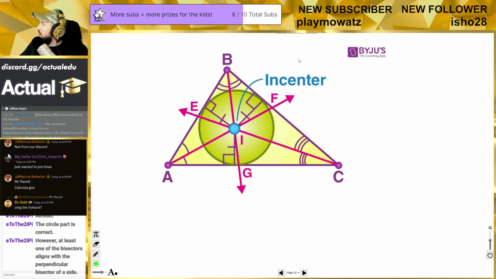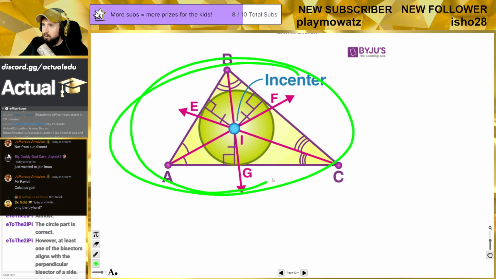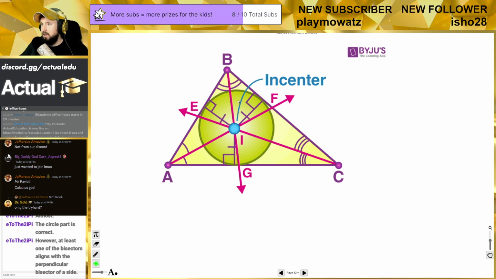However, at least one of the bisectors aligns with the perpendicular bisector of the side. Does it? It doesn't look like it does here. Oh, the perpendicular bisector. Well, perpendicular bisector would be this, right? Is that what we're saying?